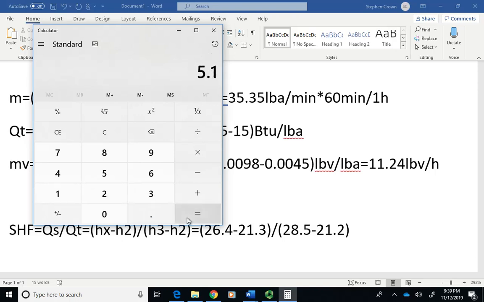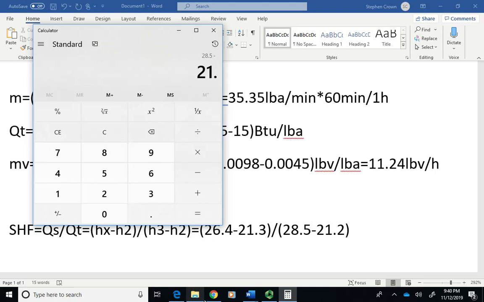So 5.1, and then that should have been the same number.